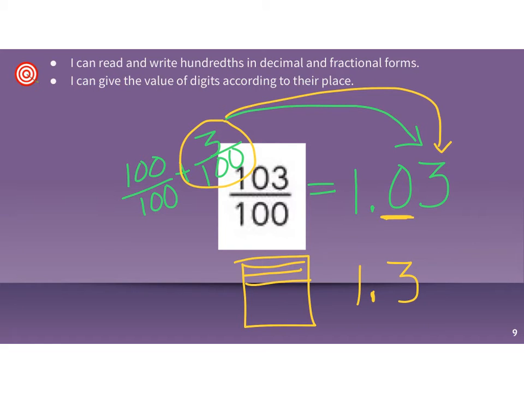But in this case, if I only have 3 hundredths, that means I only have 3 little cubes filled in. So this 0 is a placeholder. That means I have 0 tenths and I have 3 hundredths. So 1.03 is the proper decimal form of this number.